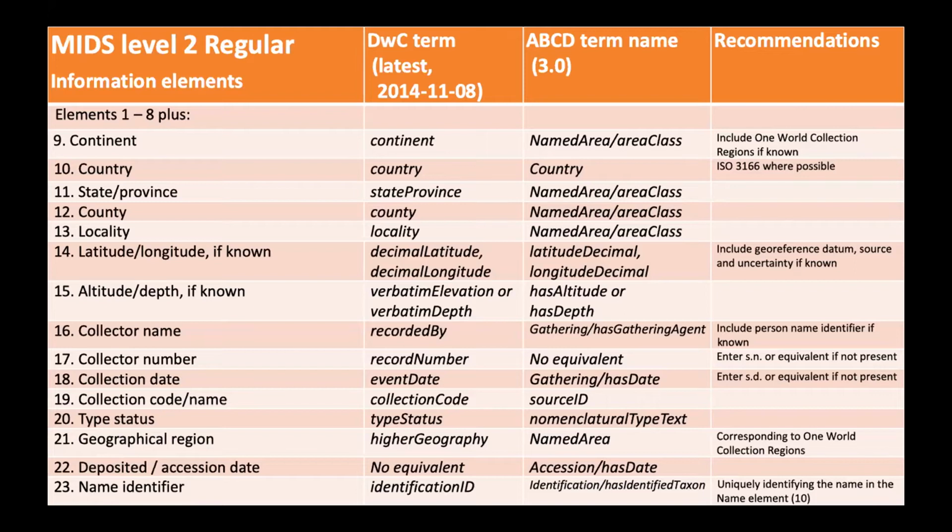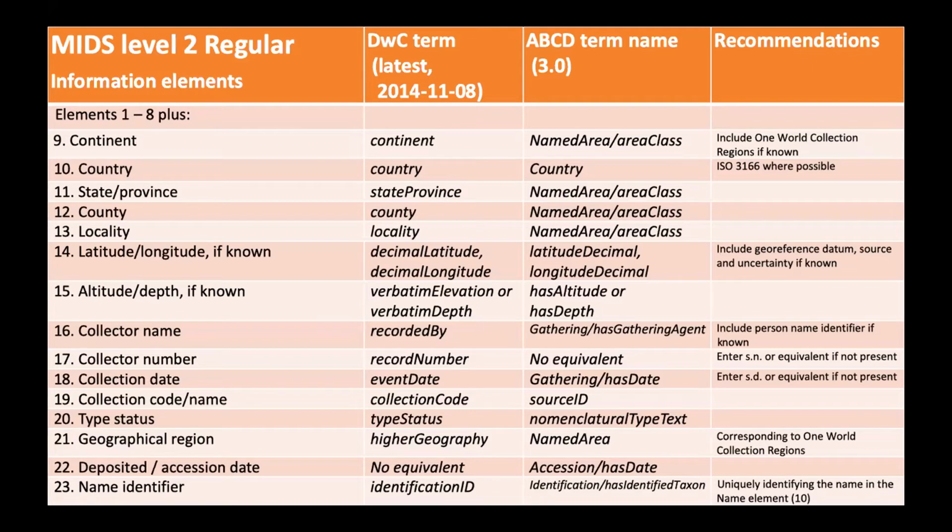You think about the altitude, depth, if known. I know that there are elements in there that would accommodate that, elements in the combined metadata interest group set of elements. But this would be a specific kind of altitude or depth.